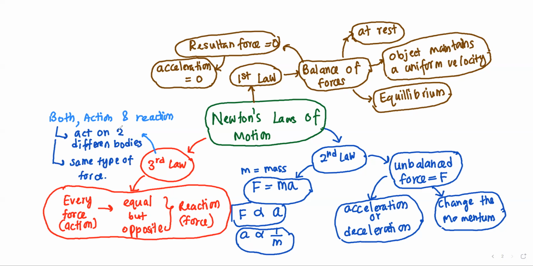So in order to be action and reaction, they have to be the same type of forces. Now, that is the conceptual idea of Newton's first, second, and third laws. When you remember them based on the conceptual idea of the law, it is easy to understand and also to apply in calculations. So this is all about Newton's third law.